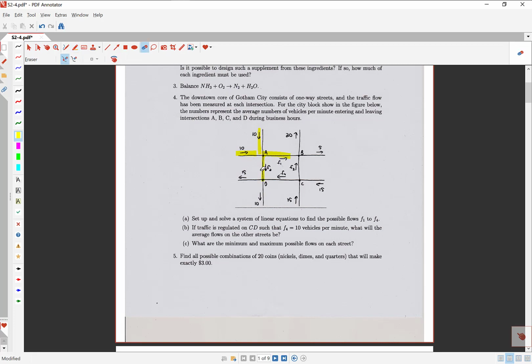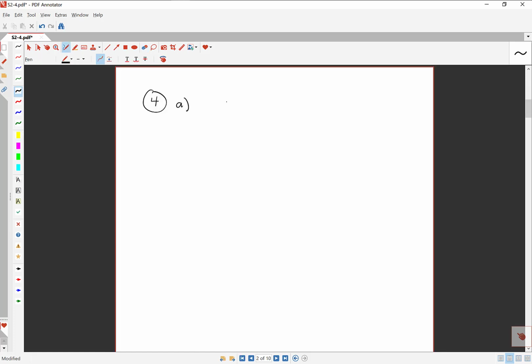So that's the setup. Now there are three things that we're going to do here. Part A, we're going to set up and solve a system of equations to find the values of F1 to F4. And then once we've done that, a couple other short questions in reference to that. So the governing principle in this problem is that inflow equals outflow at each intersection.